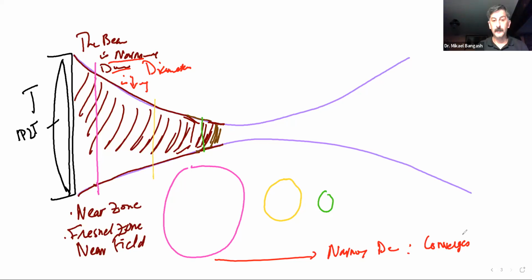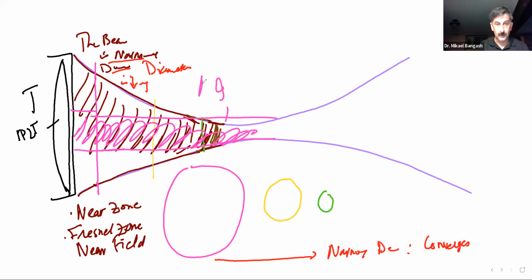And in the middle of the beam, just as I tried to show you, is where we'll have the highest intensity.